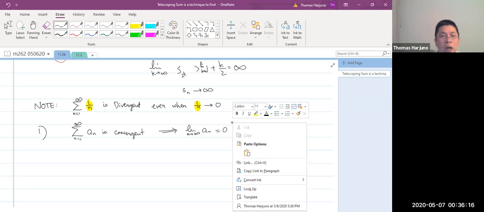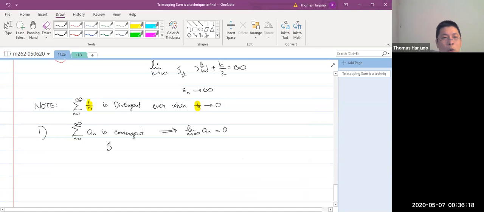Because otherwise, suppose the limit as n goes to infinity of a_n is not equal to 0, then when you go to infinity here, you keep on adding something non-zero.